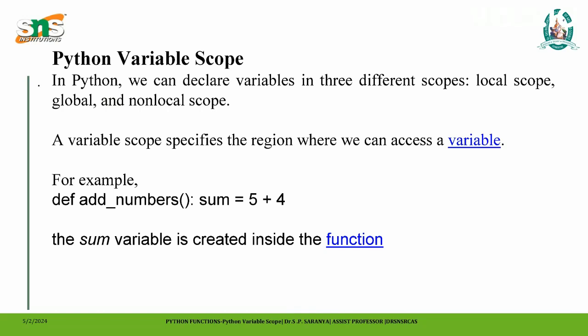For example, def add_numbers: sum = 5 + 4. The sum, 5 plus 4, is inside the function, so it's a local scope variable.